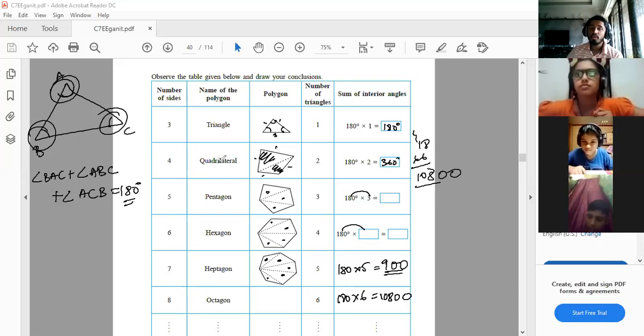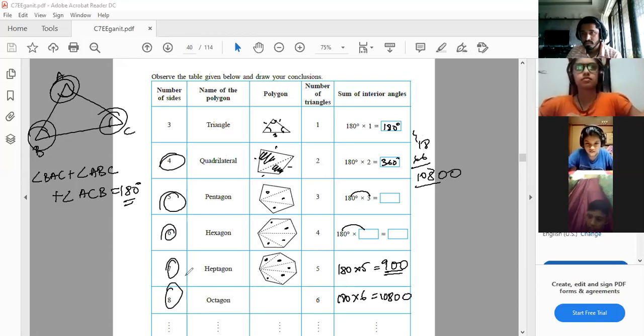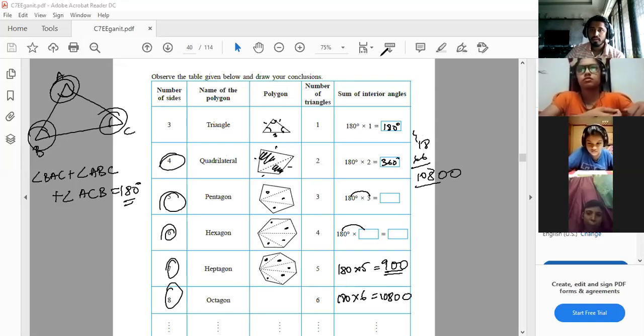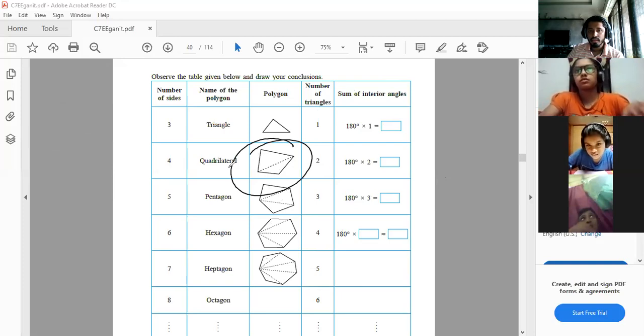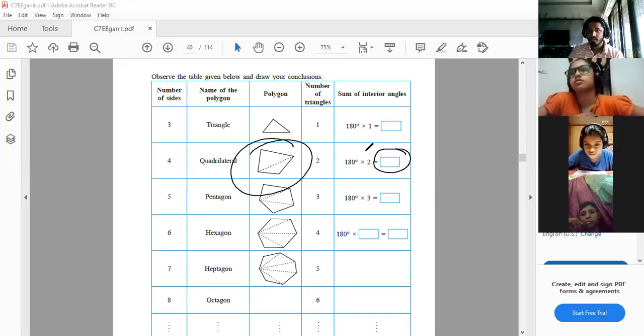But you might get all these questions in MCQs. They will draw the quadrilateral. They will tell you to find the sum of interior angles and they'll give you 4 options. So you should know that if it is a quadrilateral like this, then there are only 2 triangles. 2 triangles, so 180 into 2.